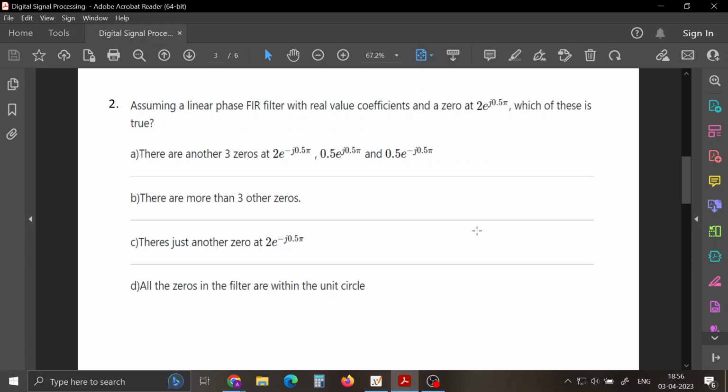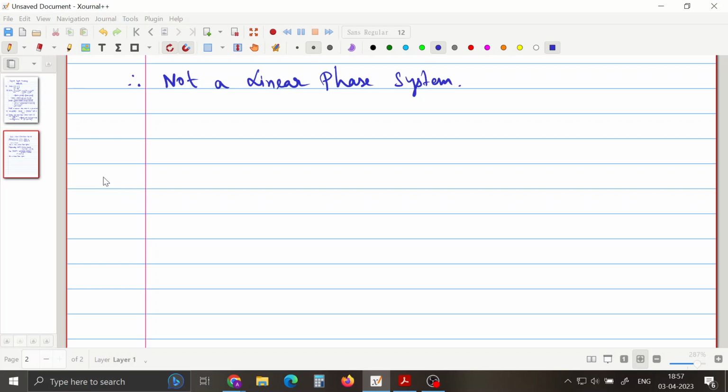So it's like reflected zeros about the unit circle. These are all discussed. Just in case you don't recall them, go through the videos or the notes. So basically we will have a total of 4 zeros.